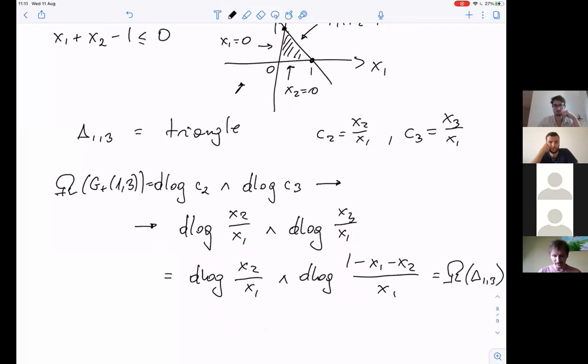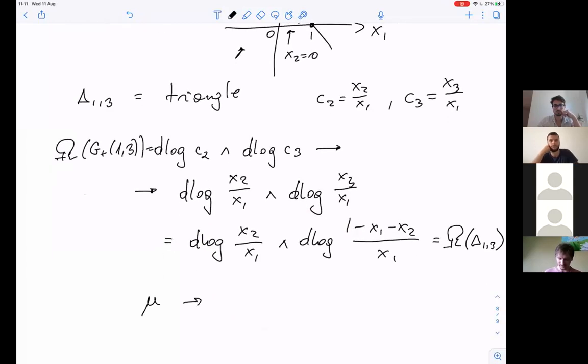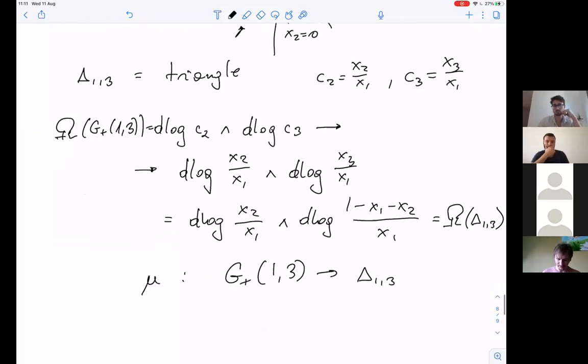Okay, so if I have a map, in that case a map going from G plus 1,3 into delta 1,3, and if I have a differential form here, so omega G plus 1,3, I can derive a differential form of the image.